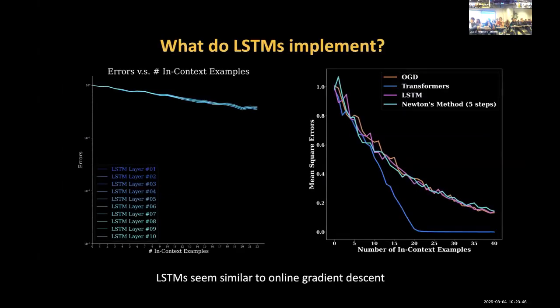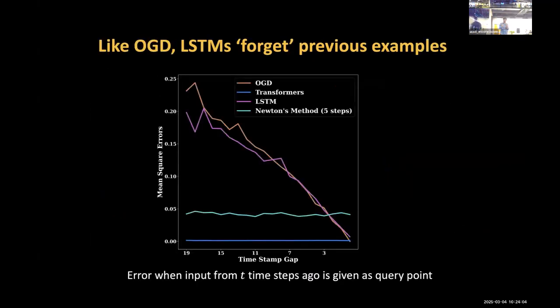What we see over here is that for LSTMs, things don't actually improve that much across different layers. They don't seem to be as iterative. They actually seem to be very similar to something like online gradient descent. If you look at the error, the orange line here is very similar to the pink line, the LSTM. The best way to see this, I think, is to see that they're actually forgetting previous examples.